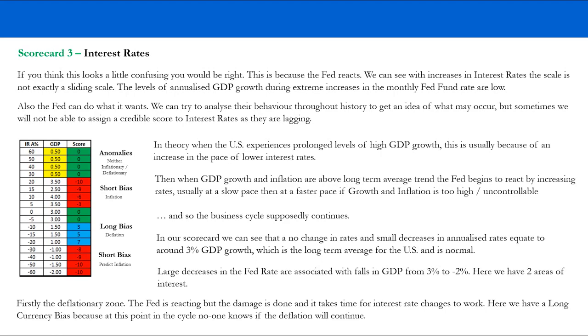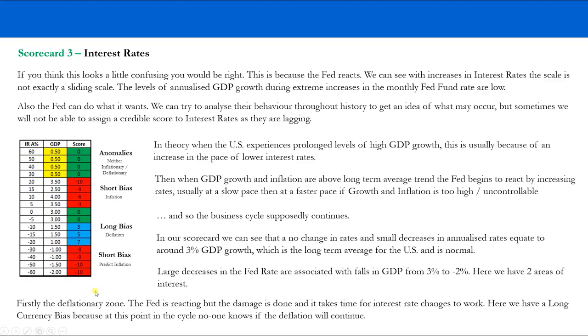Large decreases in the Fed rate are also associated with falls in GDP from 3% down to -2%. And here we've got two areas. We have our deflationary zone and we have our inflationary zone.